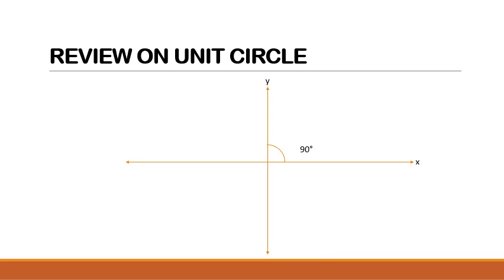Okay, so let's review on unit circle because you've noticed I have mentioned counterclockwise and clockwise. So this is what I'm talking about. I've already mentioned about the quadrants 1, 2, 3, and 4. In the first quadrant, we have 90 degrees in total from the positive x going to the positive y. Next, of course, is another 90 in the negative x and positive y.